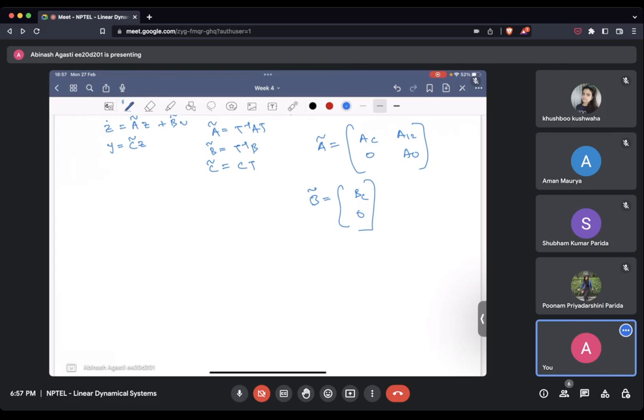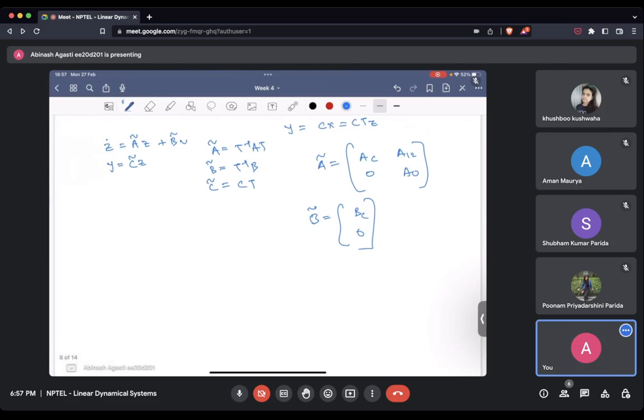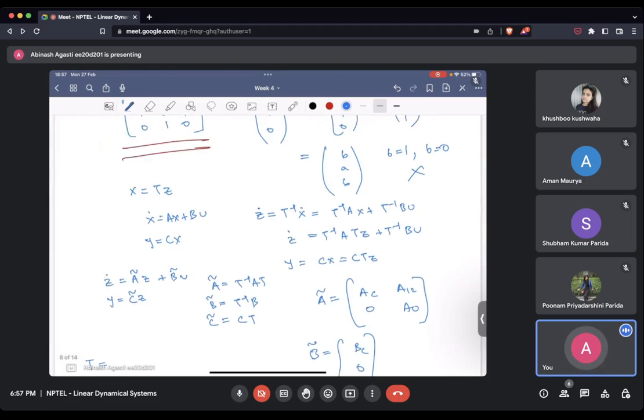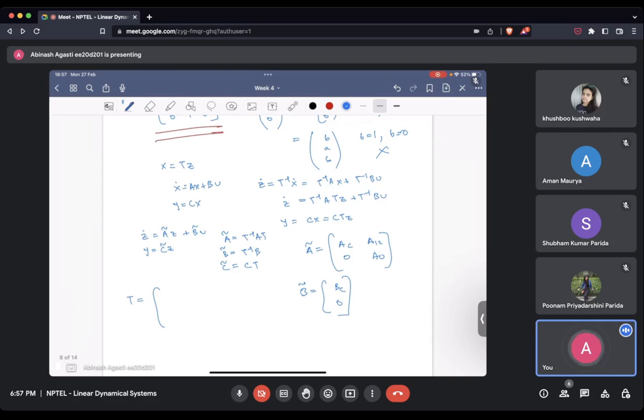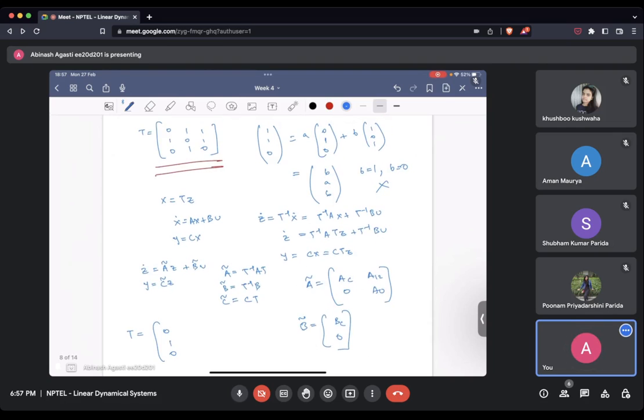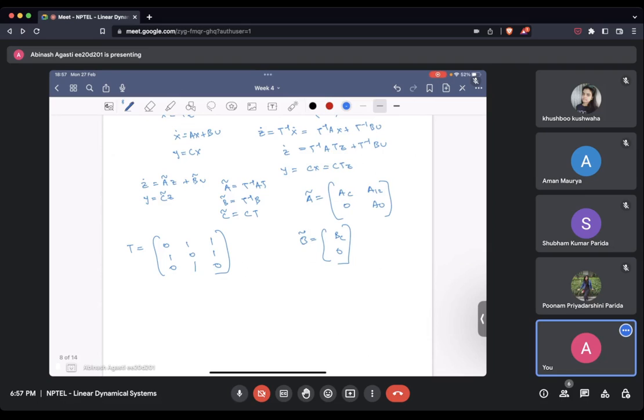So let us find it out. For the given T that we have taken, 0 1 0 1 0 1 1 1 0, find out A tilde.